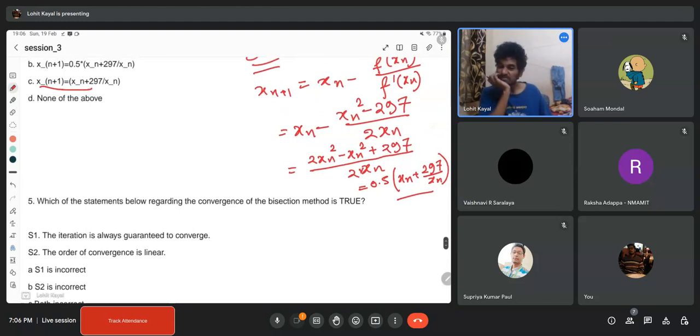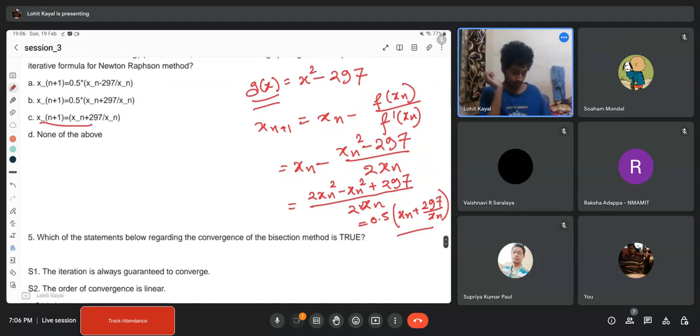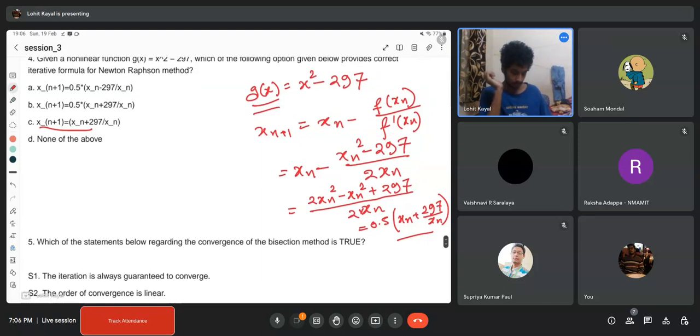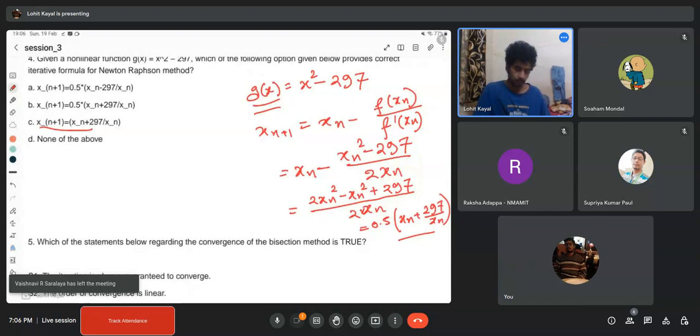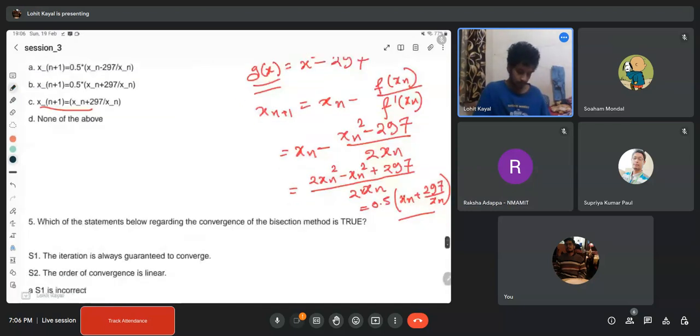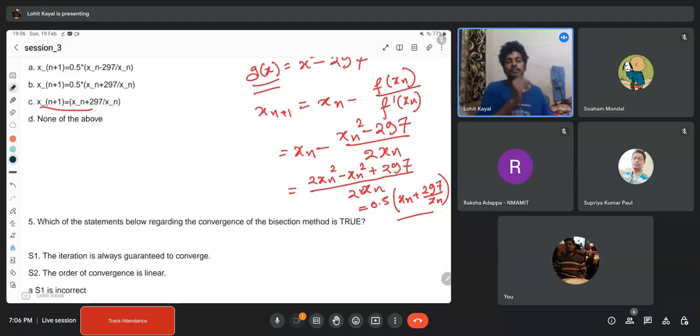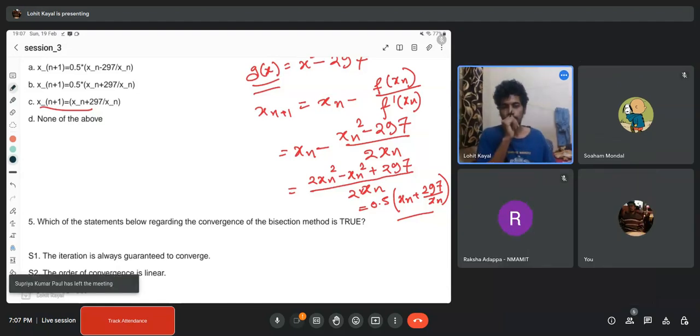Are you getting this answer, 0.5 into x_n plus 297 by x_n?